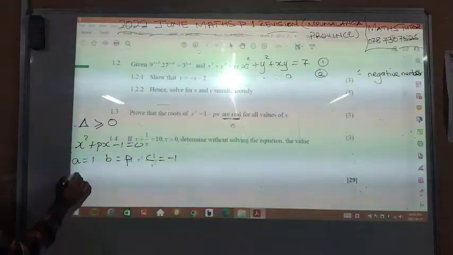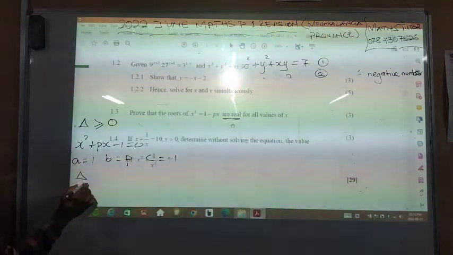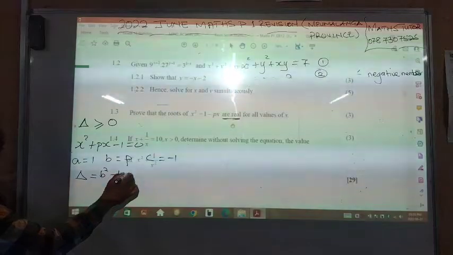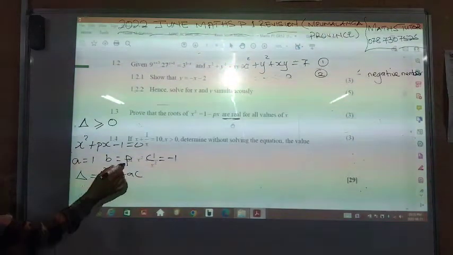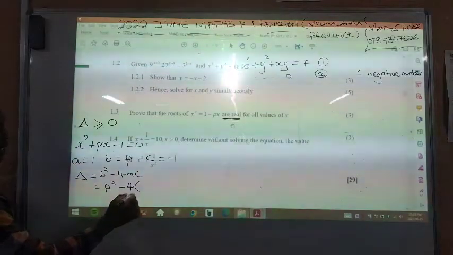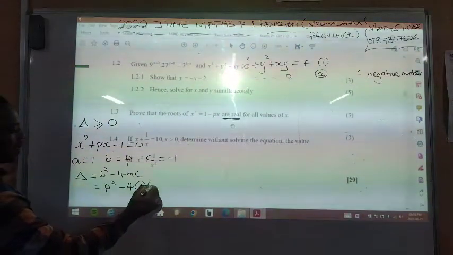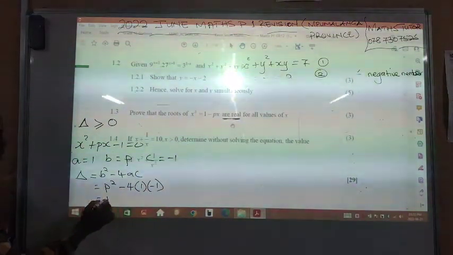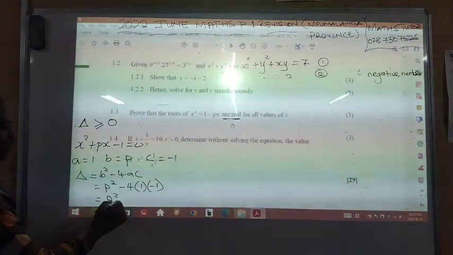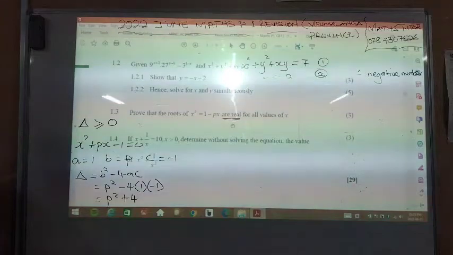So the discriminant will be equal to b squared minus 4ac, which will be p squared minus 4 by 1 by negative 1. Negative 4 by 1 by negative 1 gives us positive 4.